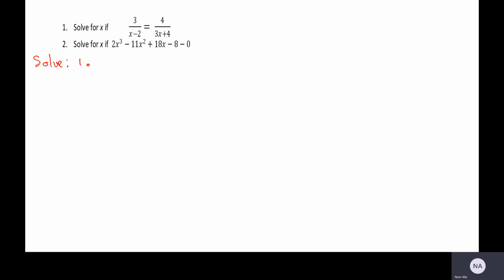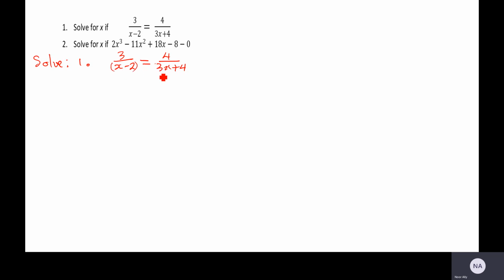For number 1, our solution: 3 over x minus 2 is equal to 4 over 3x plus 4. Now, immediately, I want to, or let's do that last, simply because people just get into a procedure, which many people, of course, do.